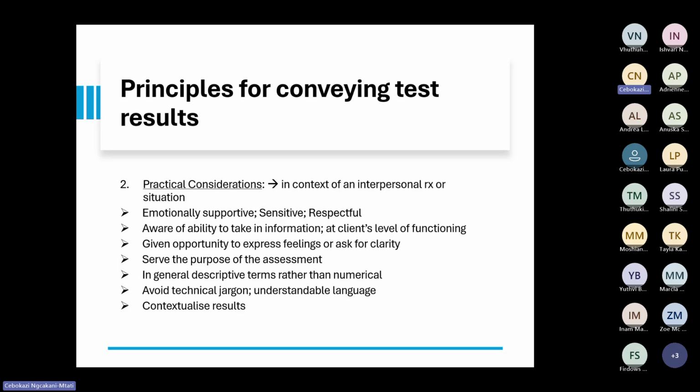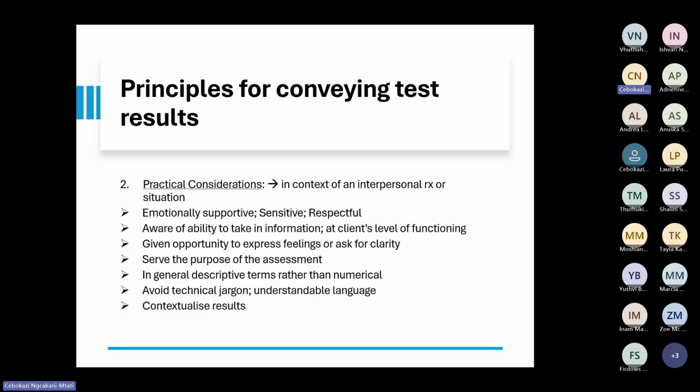Descriptive terms could be, for example, saying that there is a delay, like a delay of 3 months, a delay of 4 months, rather than saying they are in a percentile rank, or they scored this sort of standardized score, or a scaled score. Descriptive could also mean average, below average, above average. Okay, so that's much more understandable for clients.